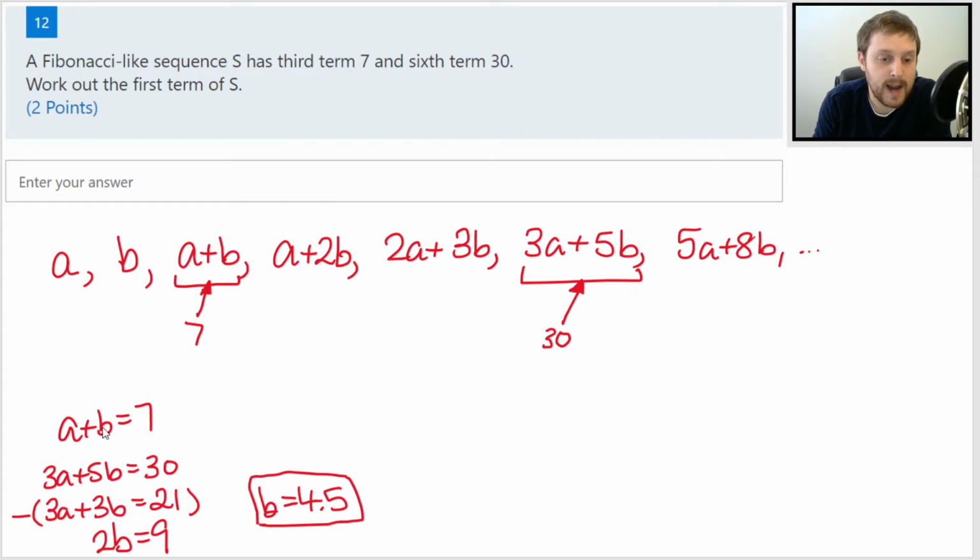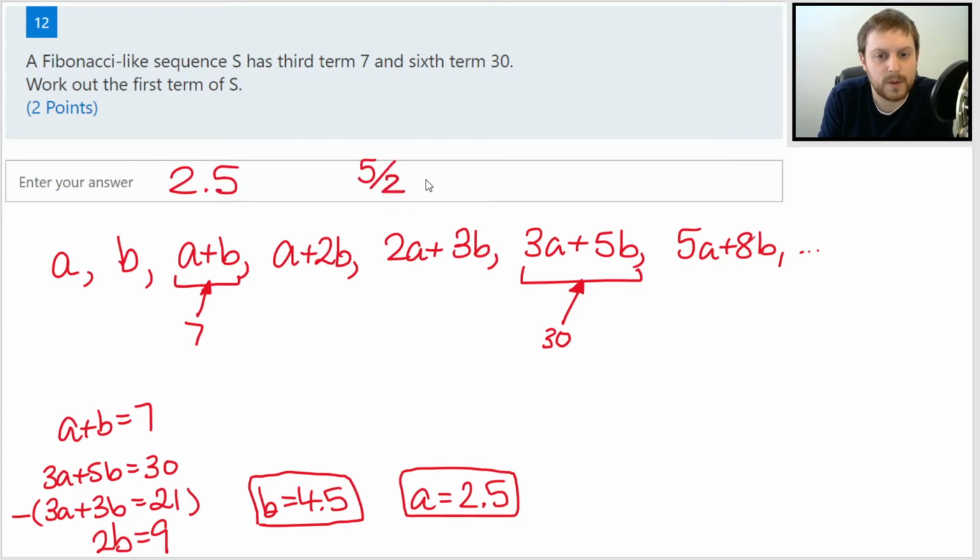And what do I need to add to 4.5 to make 7? Well, A would need to be 2.5. So 2.5. You could have also written 5 over 2. Okay, I did allow equivalent representations of the answer.